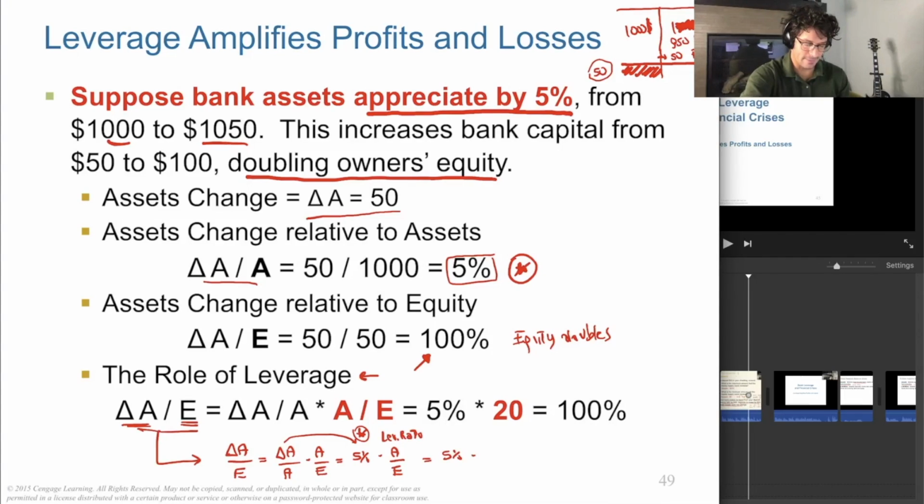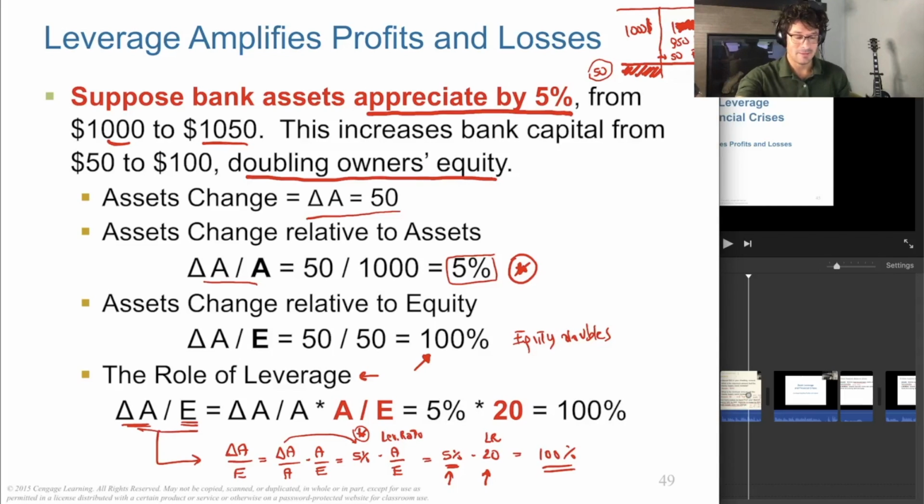So 5% times the leverage ratio, which is equal to 20, gives you the 100%. A tiny increase in the assets, only 5%, financed using borrowed money, delivers huge equity gains. So leverage allows to amplify profits for the owners of the bank.